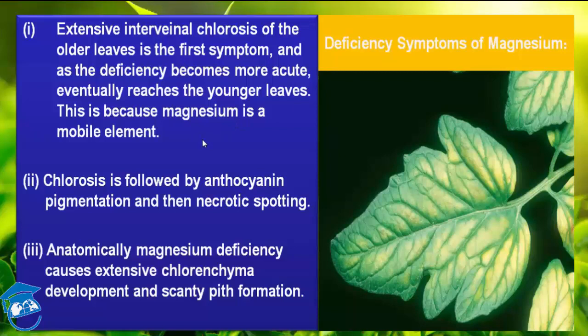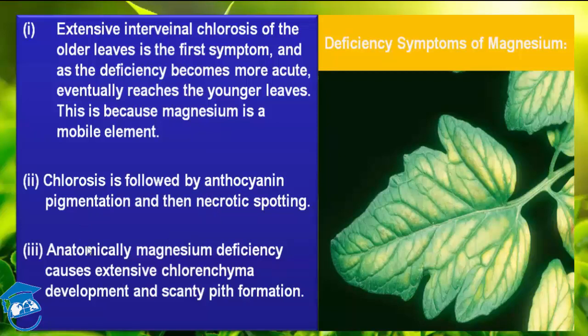When an element is mobile, the deficiency symptom occurs first in older leaves, and then it eventually reaches the younger leaves. So this way you can memorize it. Chlorosis is followed by anthocyanin pigmentation and then necrotic spotting.